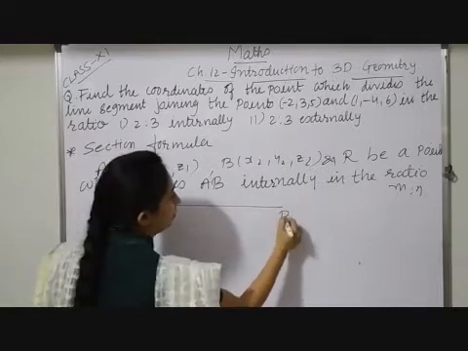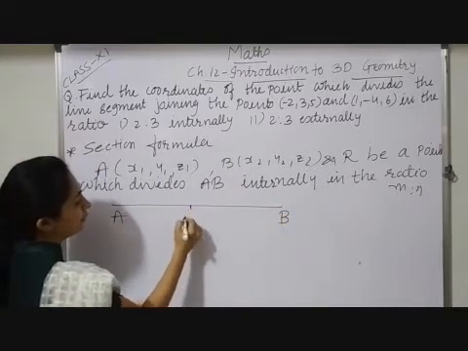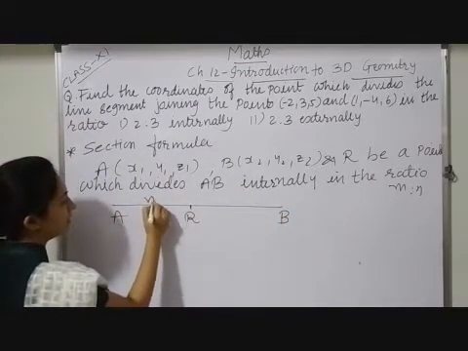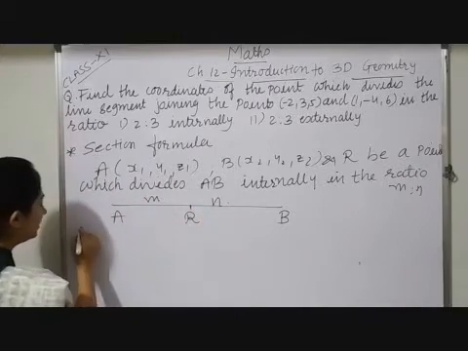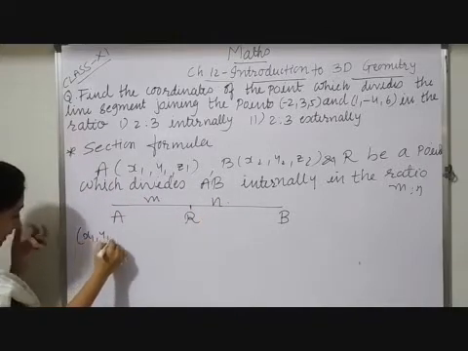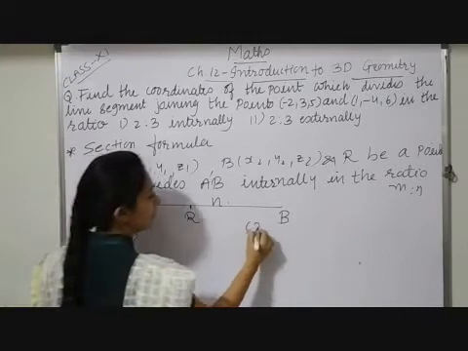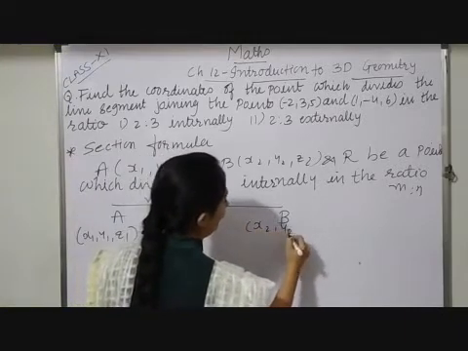So how will its diagram look? Observe here. A point, B point. Internally you have a point R which divides it in the ratio m and n. This point is x1, y1, z1 and this point is x2, y2, z2.